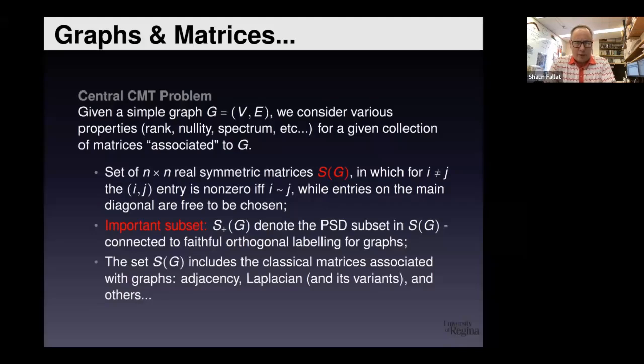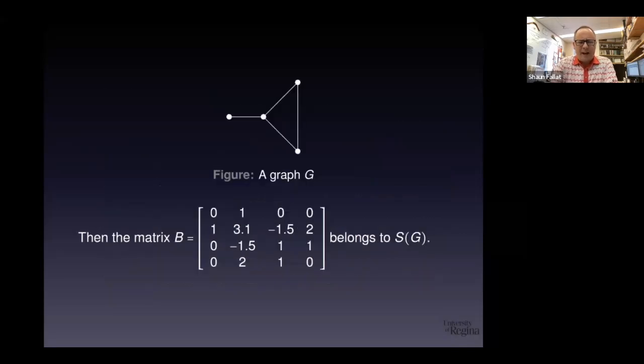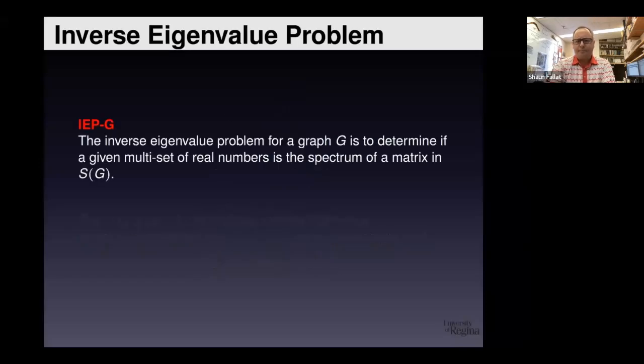And of course, for those of you that are more interested in things like the adjacency matrix or the Laplacian or the signless Laplacian or the normalized Laplacian, the class S of G I've just described includes all those matrices and obviously much, much more. And so just again, another picture of a graph where I highlight a possible matrix that belongs in this class S of G, where G is the graph above. So it just gives you a sense of the kind of matrices that we'll be dealing with.